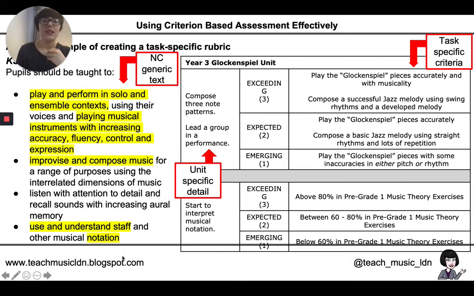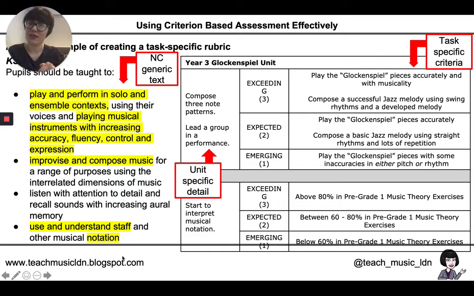So you can see that I've got my task-specific criteria. I have said that to be successful at step 3, exceeding, I want them to compose a successful jazz melody using swing rhythms and a developed melody.